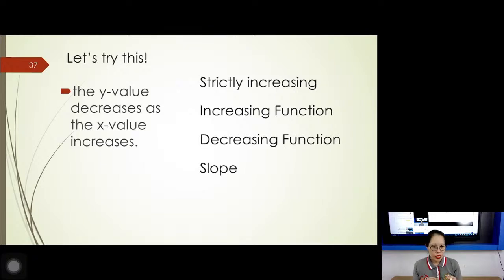So what do you think is the word being described here? Okay, I can see some correct answers. So the y value decreases, the x value increases. All right, so if your answer is decreasing function, then you are correct, okay? Decreasing function is correct. All right, let's move on.